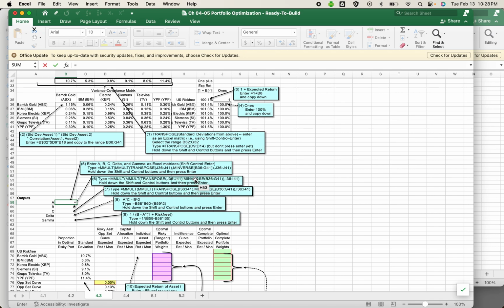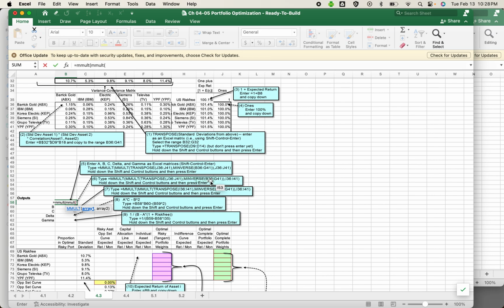A is our inverse matrix that takes advantage of our J and I columns. We do matrix multiplications together with our variance covariance matrix. So I'm going to start with MMULT, open parentheses. I'm going to do MMULT again because I want to multiply the matrices twice.